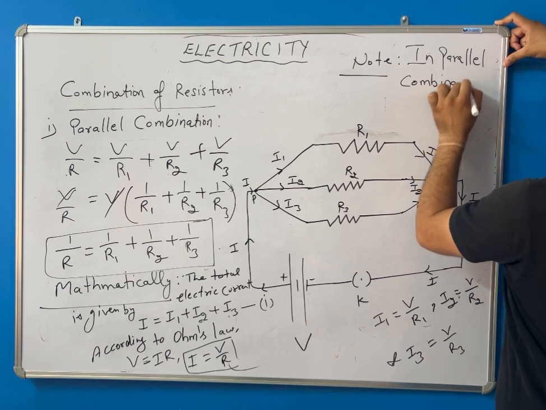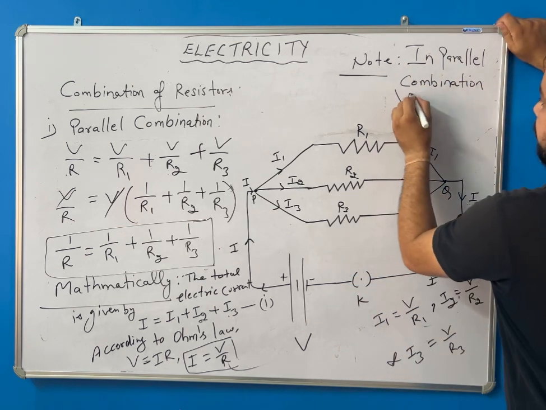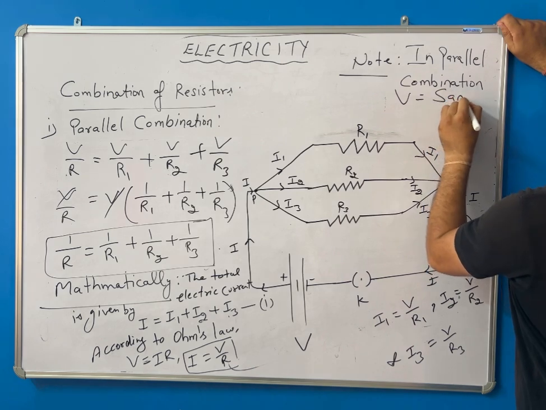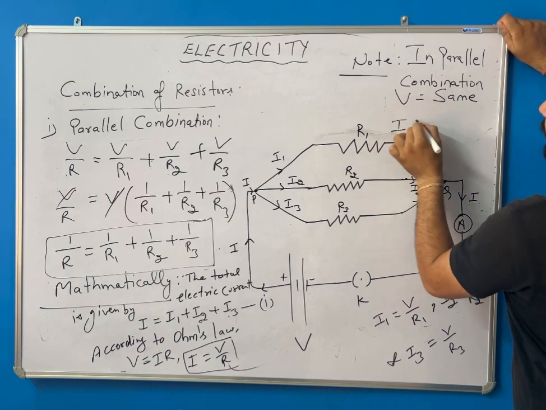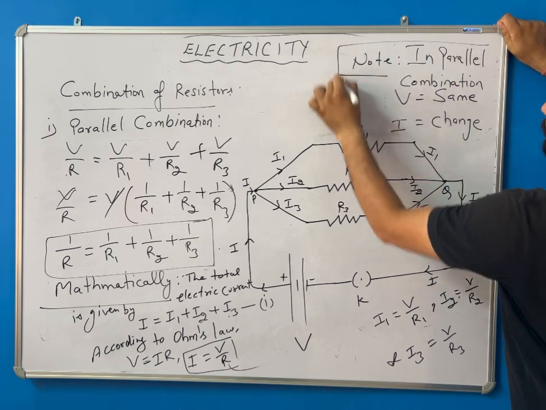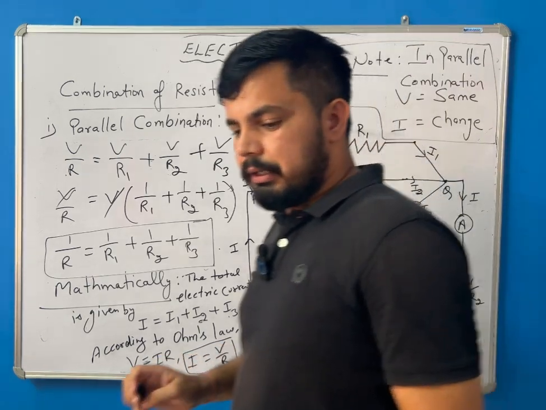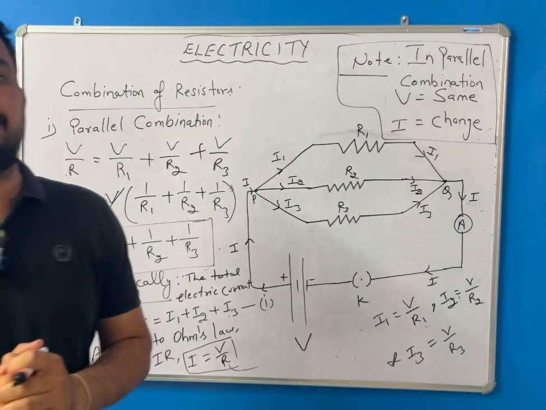In parallel combinations, V will remain the same and I will be changed. Okay. So this is our topic, combination of resistors.